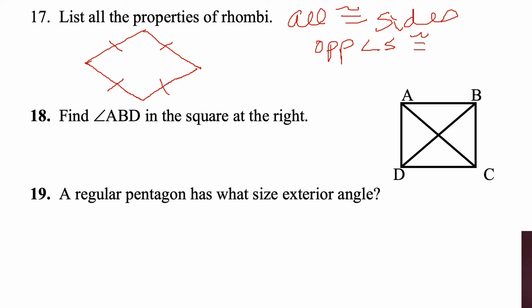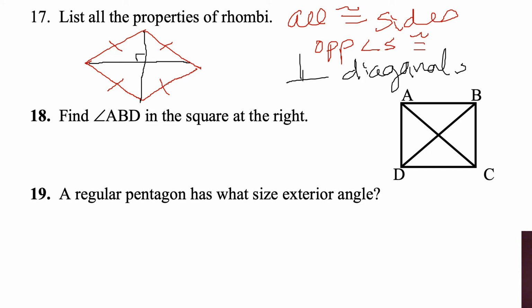When you draw your diagonals, you're going to end up with perpendicular lines right here in the middle, 90 degrees. So perpendicular diagonals. Right angles in the middle.